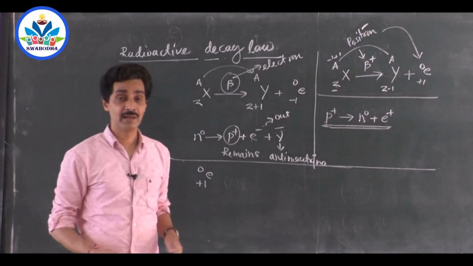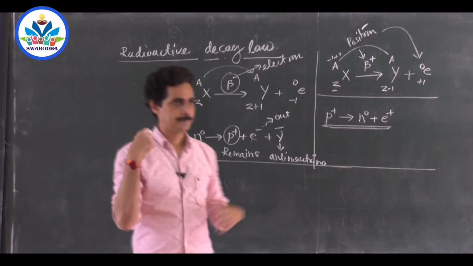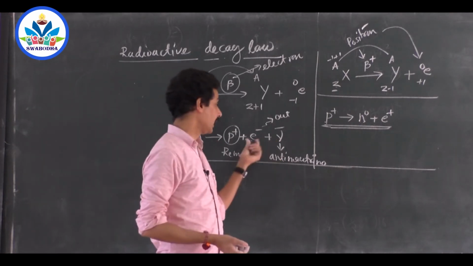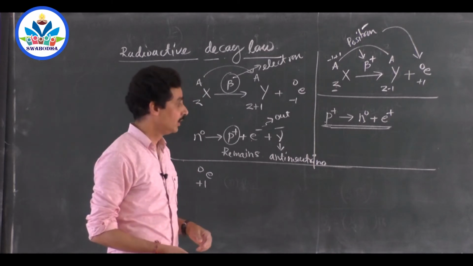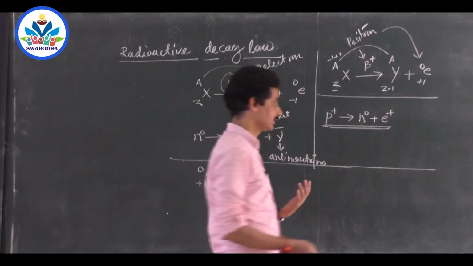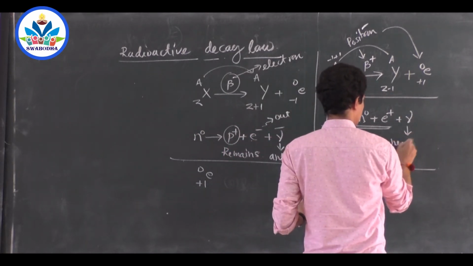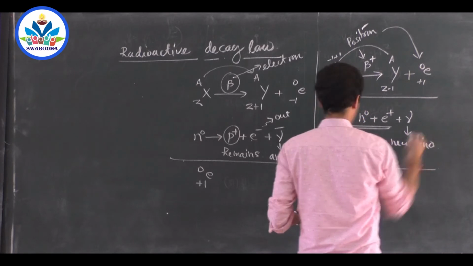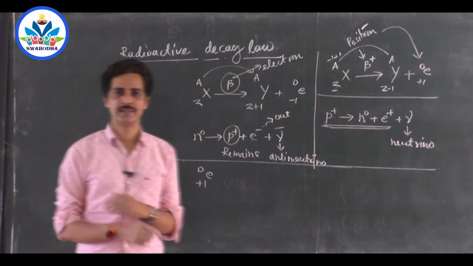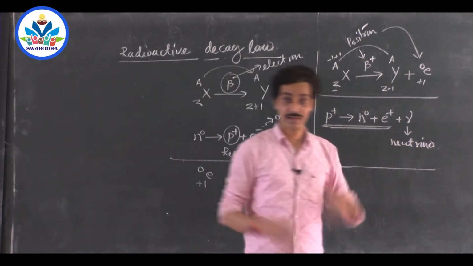So a particle having almost 0 mass and some missing energy is coming out along with the electron, and that is called the antineutrino. What about here? Whether they are conserved? No, energy is not conserved. Everything else is conserved. There is one more particle called the neutrino which is coming, and it is the antiparticle of the antineutrino. Neutrino and antineutrino are antiparticles. So this is how the equation is balanced energy-wise.